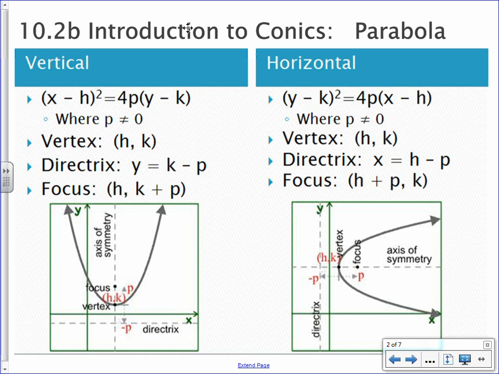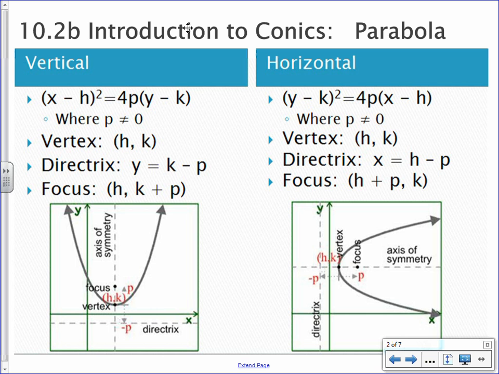What information are we going to need to know if we have a graph and we want to write its equation in standard form? We're going to need to know p, and we're going to need to know h and k. All right, if we know p, h, and k, then we can write our equation in standard form. Okay, now there's going to be a lot of different situations where we can get h, k, and p.